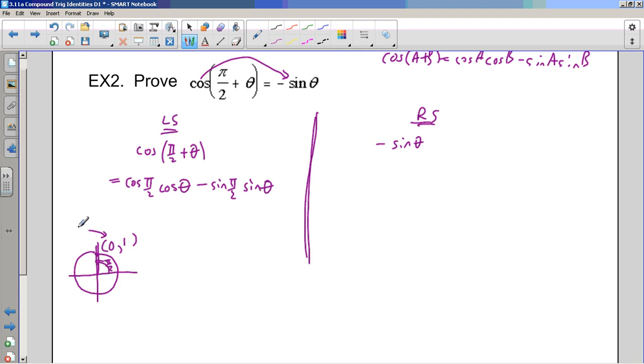So this is the cos of pi over 2 and the sine of pi over 2, and so this thing then is 0. Cos of theta, we don't know what it is, but the sine of pi over 2 is 1. And then that simplifies. 0 minus that is negative sine theta. The left side equals the right side, and the identity is proven.